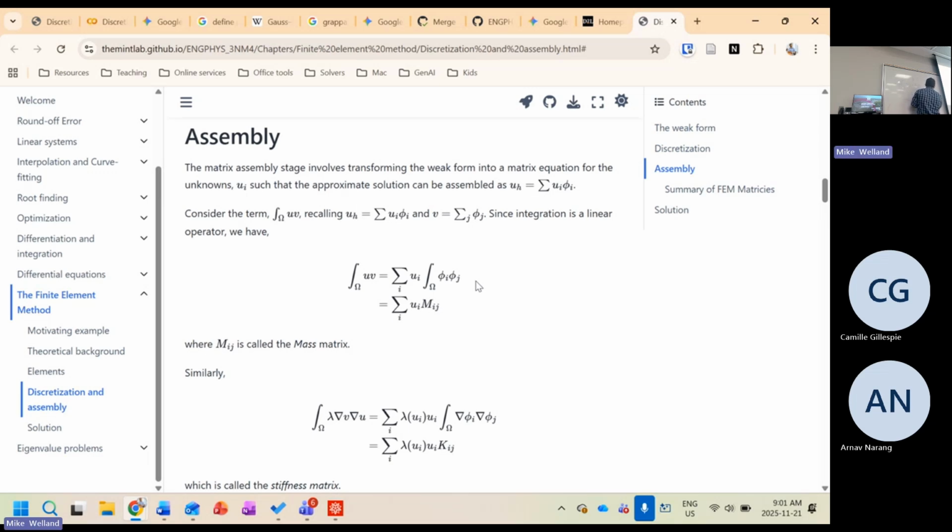So phi I times phi j evaluated at x is equal to what? In 1D, that was plus or minus the square root of 1/3, something like that. That's it. And I have done my integration.